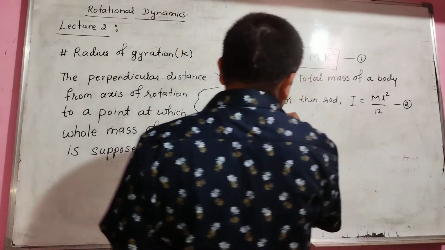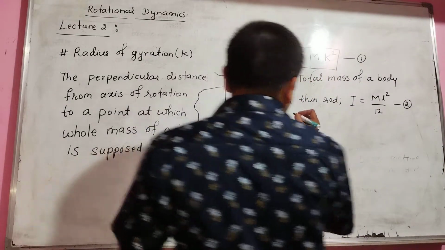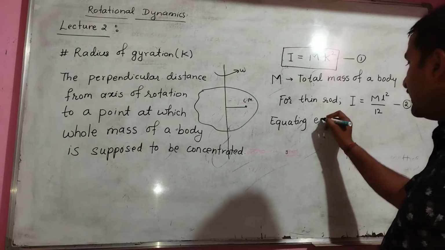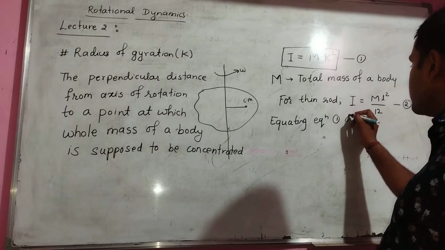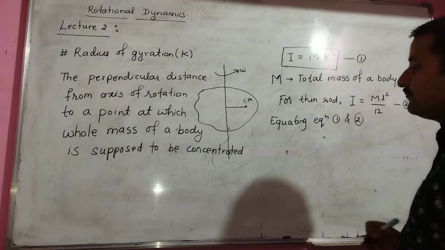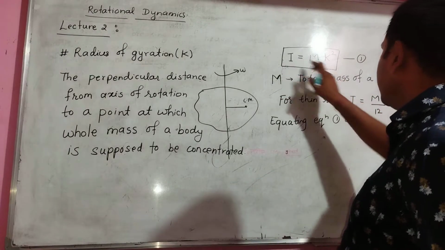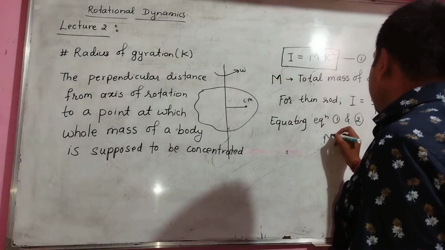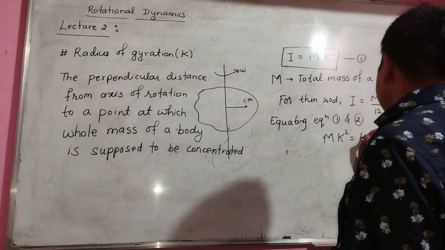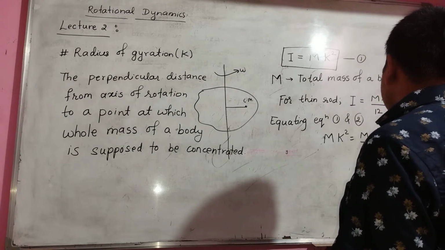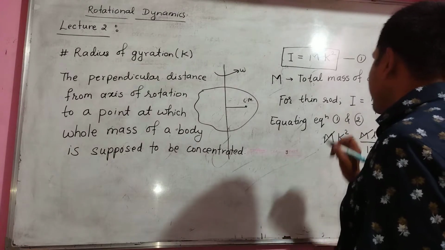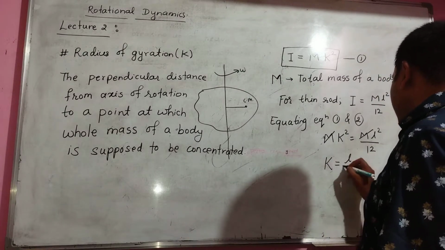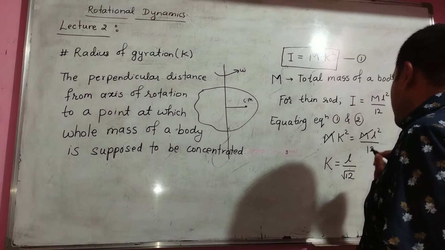We can equate equation 1 and 2. On the left-hand side there is I, and on the right-hand side M K square and M L square over 12, so M will be cancelled out, and K will be L divided by root over 12.